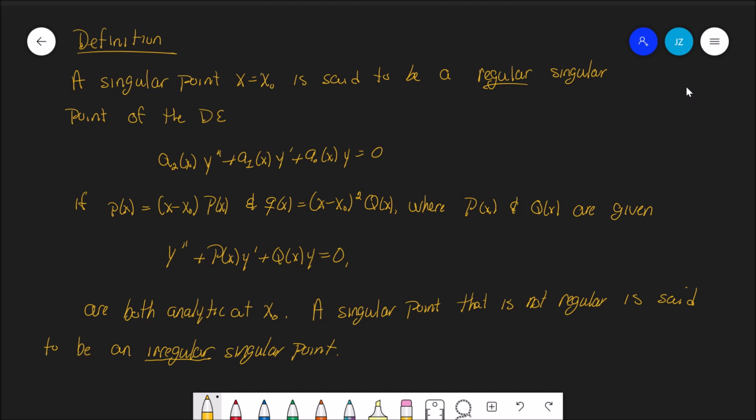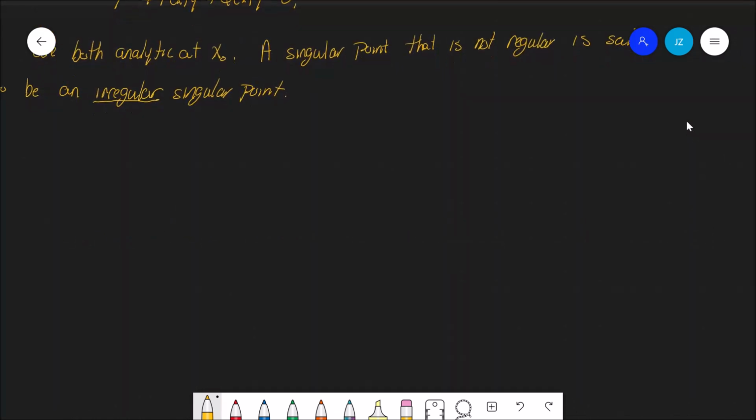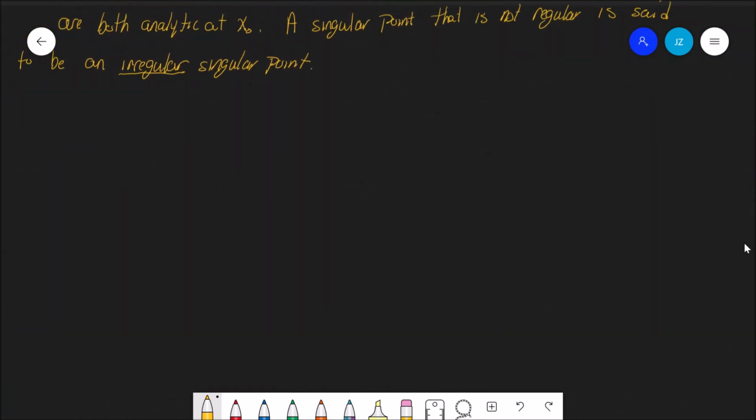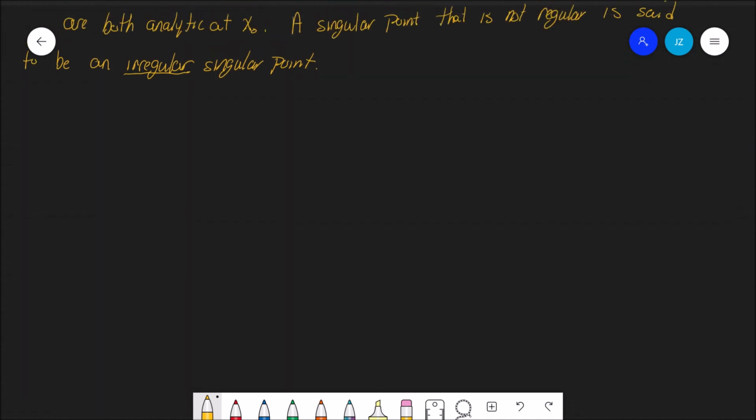So, how can we determine easily whether a point is singular? Now that comes in our next theorem. So we let a2, a1, and a0 be polynomials.